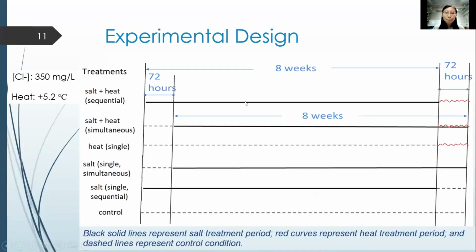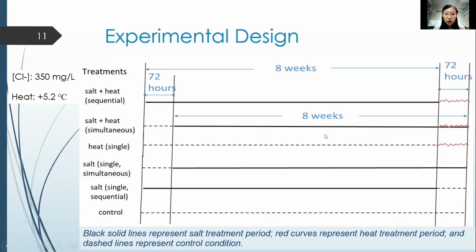So we had 6 treatments in the experiment. We had a salt plus heat treatment for the sequential scenario, where communities were exposed to salt for 8 weeks, and then salt was removed and they were heated for 3 days. We had a salt plus heat treatment for the simultaneous scenario, where communities were exposed to salt for 8 weeks, and during the last 3 days of the exposure, they were heated at the same time.